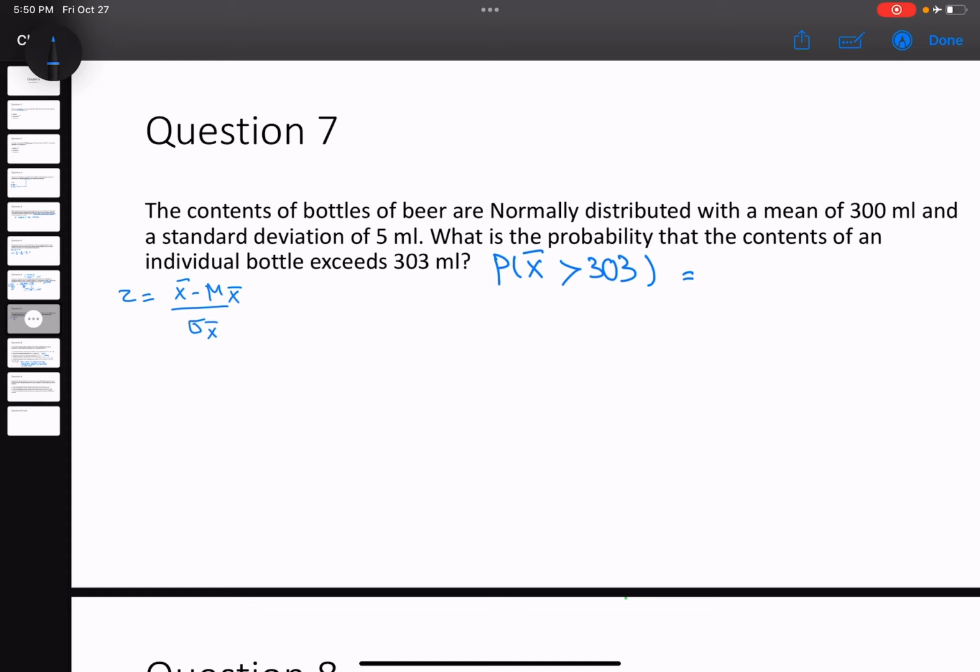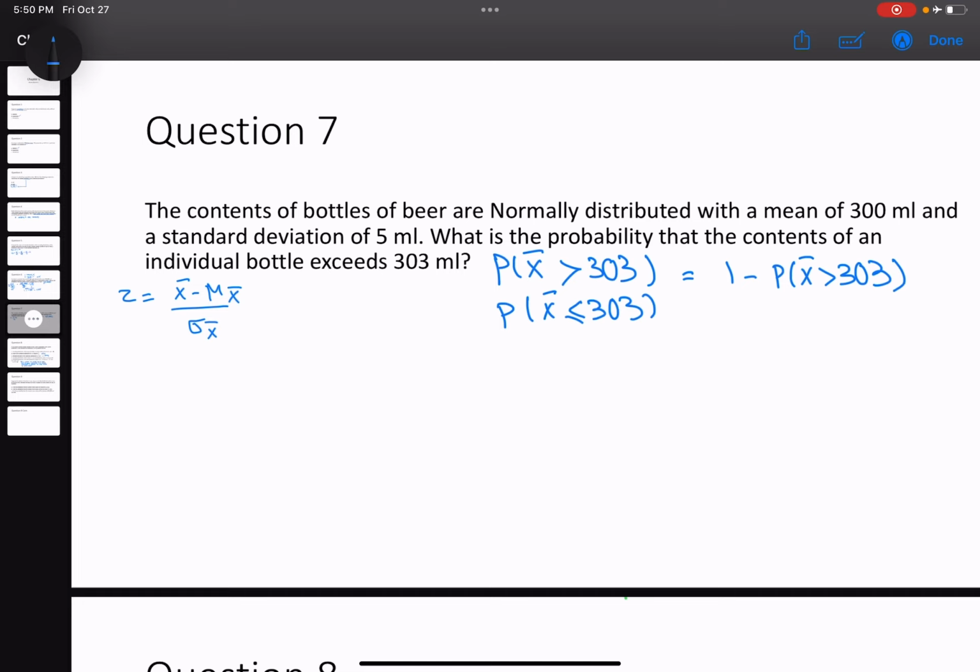Again, we can use the complementary rule and the z score table: the probability is 1 minus p of X less than 303.